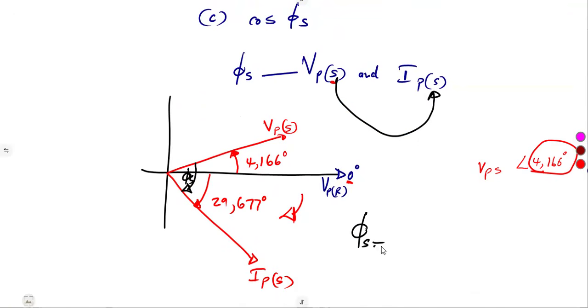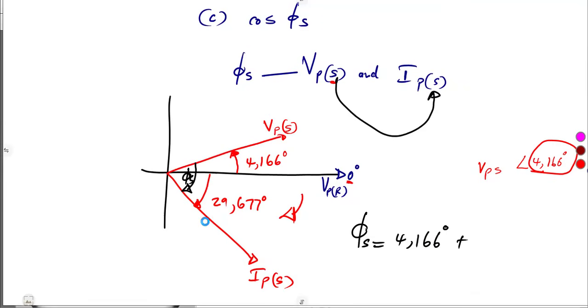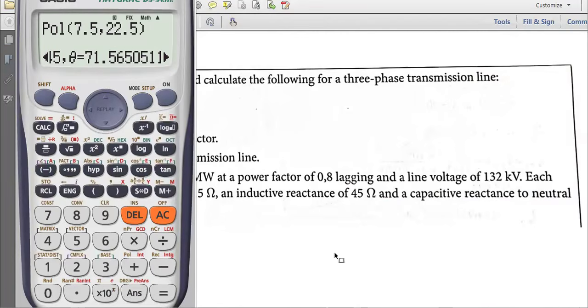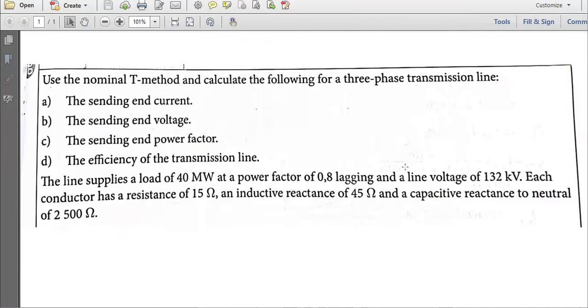So that is our phase angle for the sending end. We must add 4,166 plus this one, which we said is negative in terms of the presentation. But as you combine the angles, you add those angles that you're given.